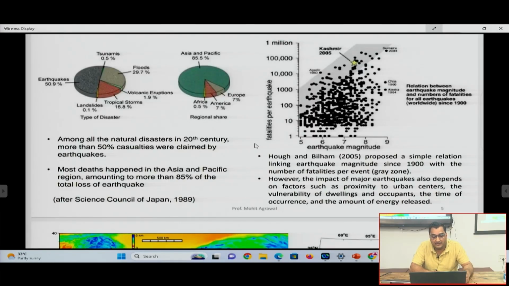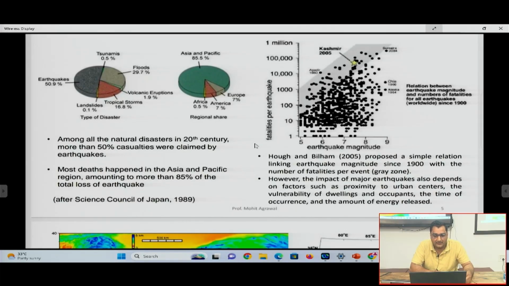That's why a lot of casualties happened only in the region of Asia and Pacific. However, if you compare it with the area of Europe, America, and some part of Africa, then you can easily say that our construction in this part of the world is relatively poor if you compare it with the other part of the world.